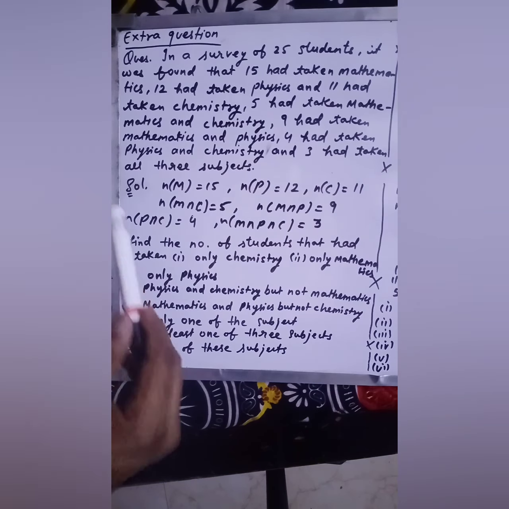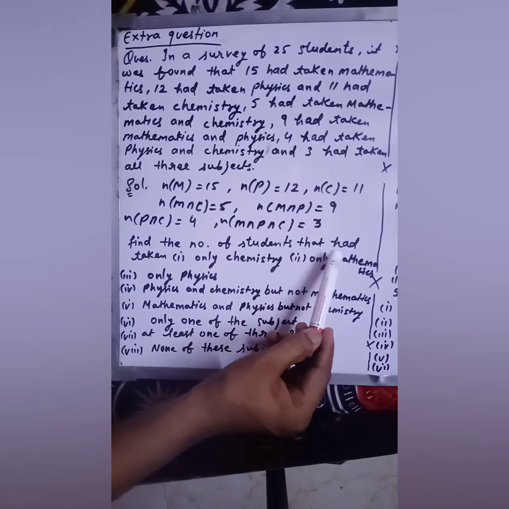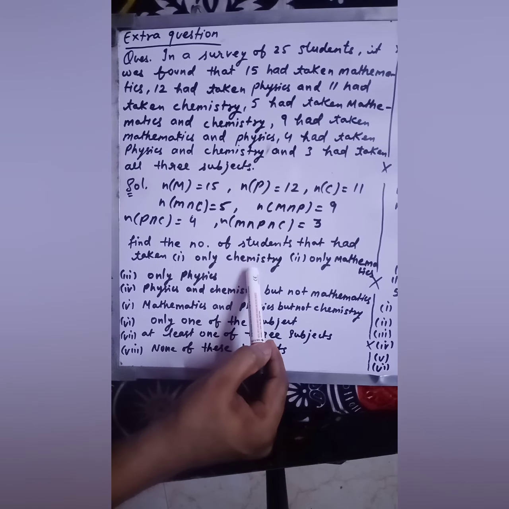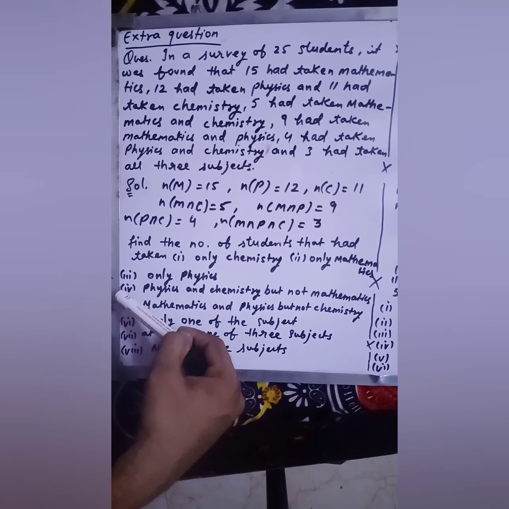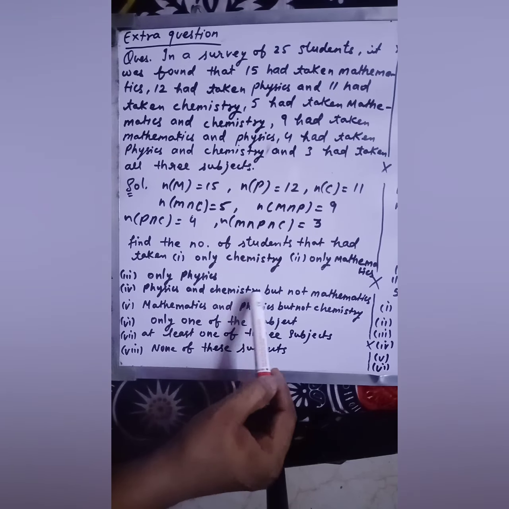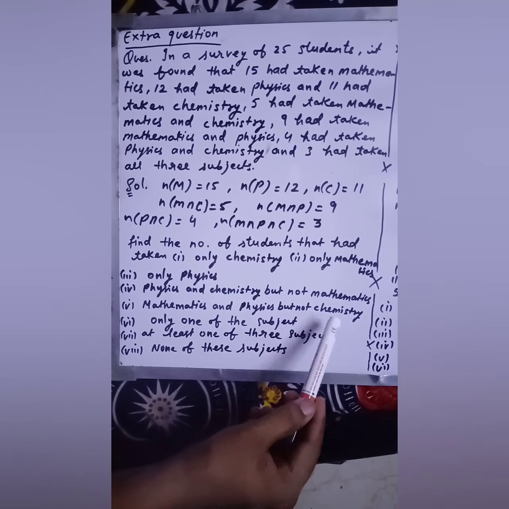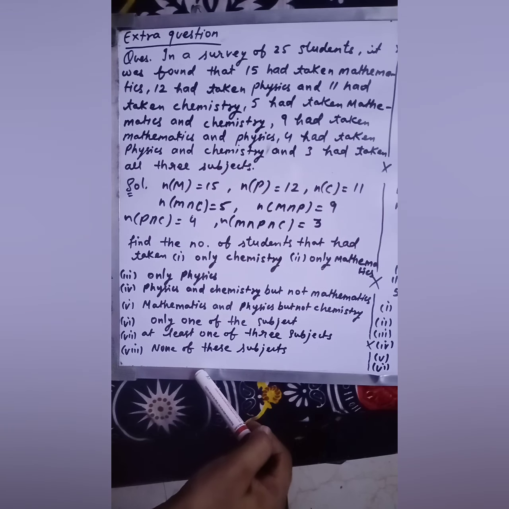Now find the number of students that had taken, this is your first part, only chemistry, only mathematics, only physics, and the fourth part is physics and chemistry but not mathematics, mathematics and physics but not chemistry, and so on. So there are 8 parts of this question which you have to solve.